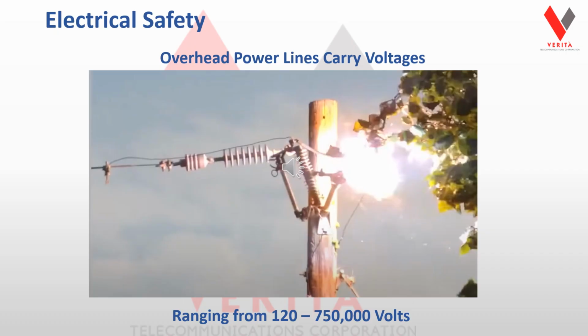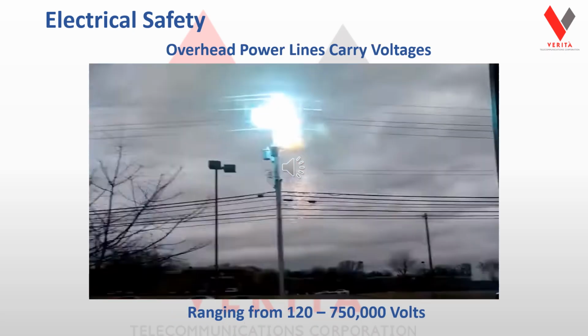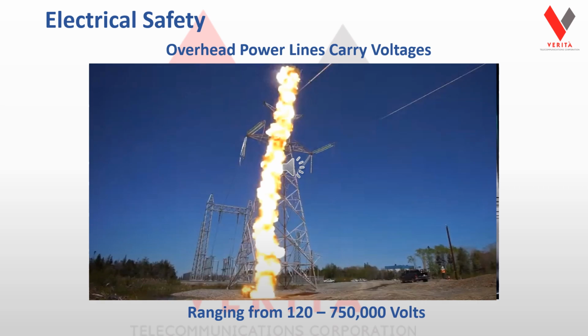The difference here is that in our telecommunications systems, we normally don't run into voltages over 90 volts. But if we look at the electrical system, they can carry anywhere from 120 to 750,000 volts. It's pretty easy to see that at these voltage levels, it can be very dangerous. At the higher ends of the scale, the voltage and current could be catastrophic.